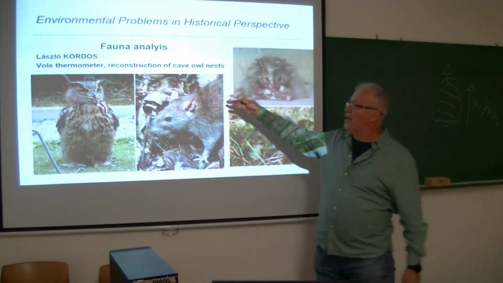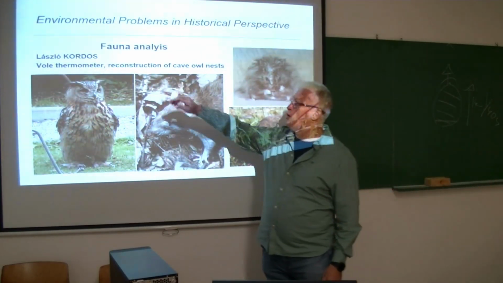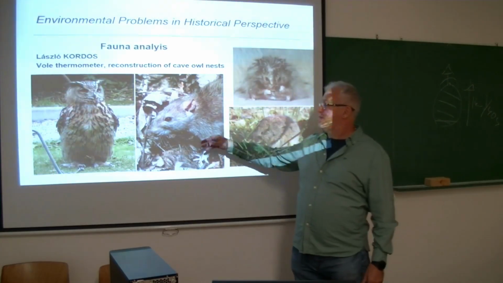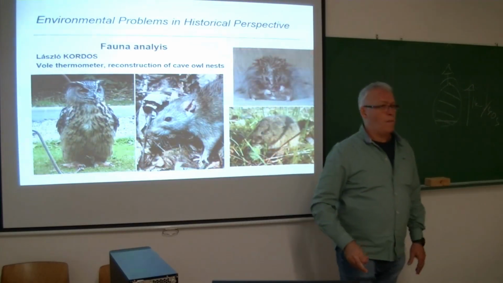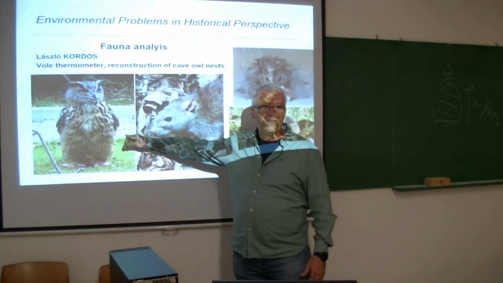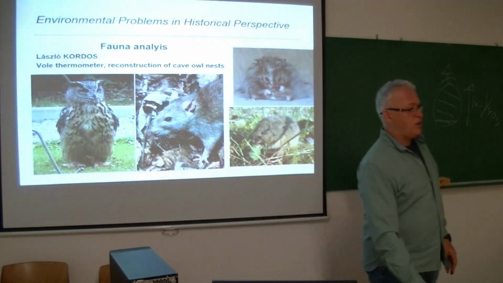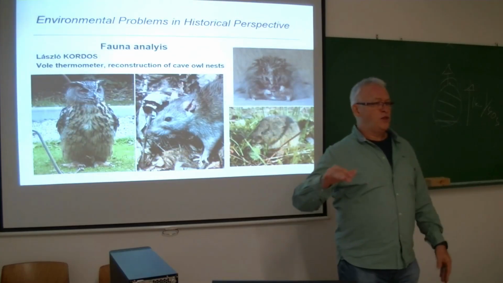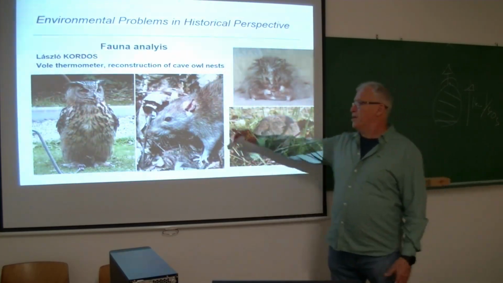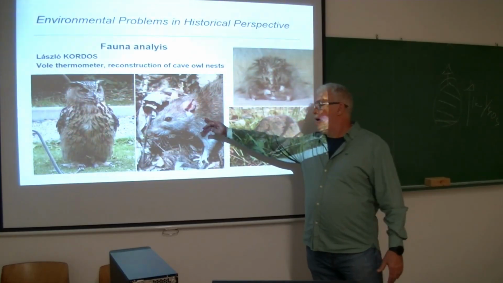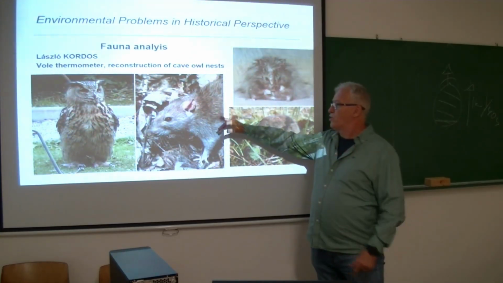And a Hungarian scholar, Kordos, reconstructed the change of the fauna of rodents. How? You know the night birds. Night birds hunt during the night, and the most important prey animals are generally mice, generally the rodents.